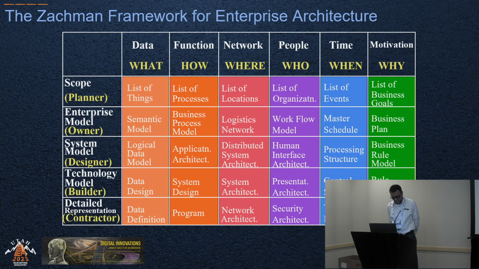What it does is provide a classification schema for all the activities, and answers the questions what, how, when, where and why, etc. in the organization. Now this takes some mapping out, and I won't have time to go through this in detail, but there are different models, different lists that you create to try and get a handle on the overall organization.